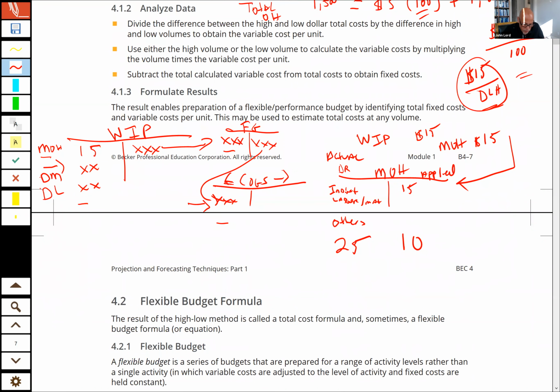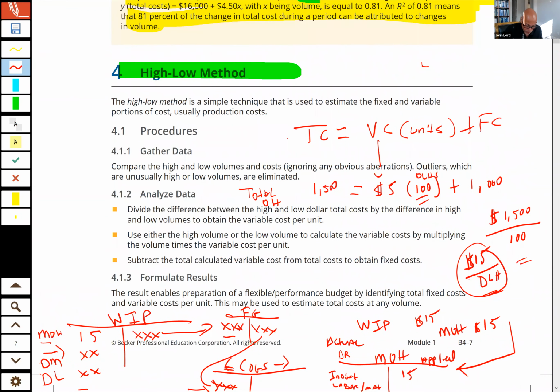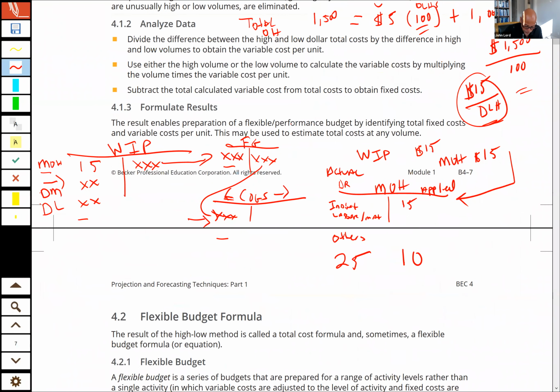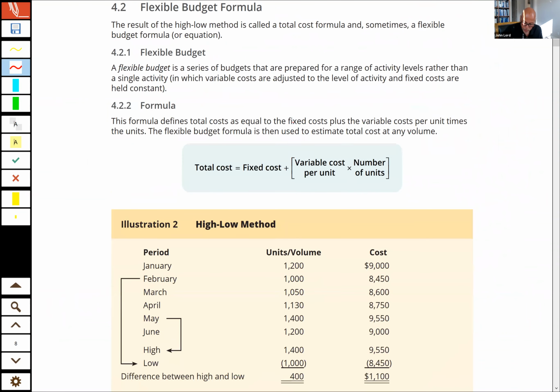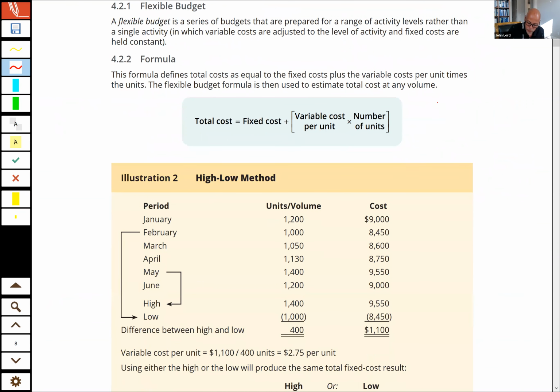What high-low says, just coming down to the example, is: here's your total overhead cost, here's your independent variable, say direct labor hours, and you have these observations.